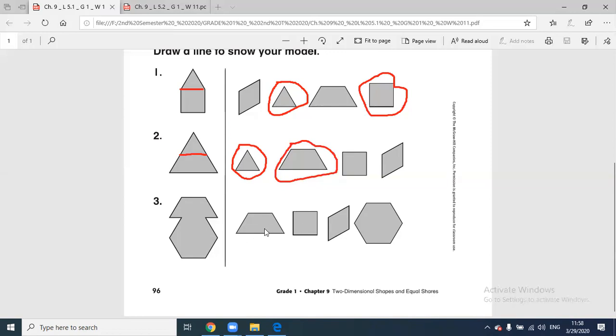Yes, I have now 4 shapes. Which of these shapes do we use to form this shape? As you see, number 1, I draw a line. Now I have 2 shapes, triangle and square. And number 2, we make a line. Two sides. Which one? This? Yes. And this? No. This? Yes. Excellent, Ahmed.